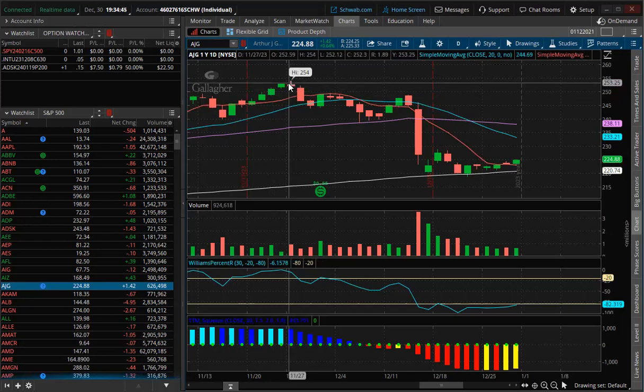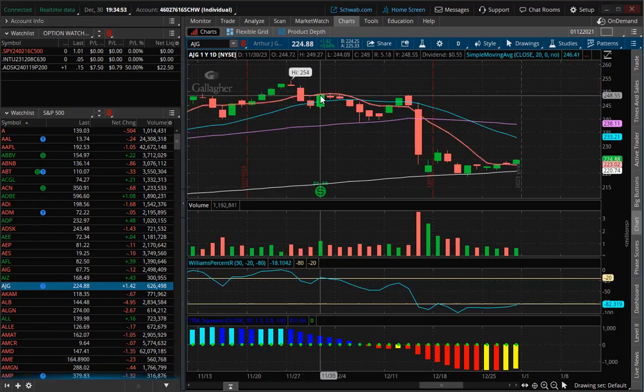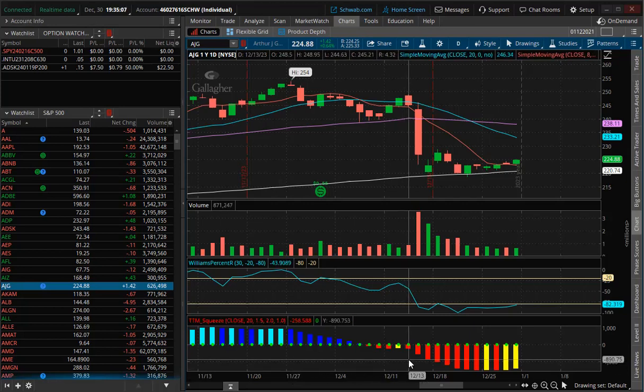But as you see, after it hit this high on 11/27, this downward move lasted for like 3 weeks. 11/27, yeah, about 2 weeks.